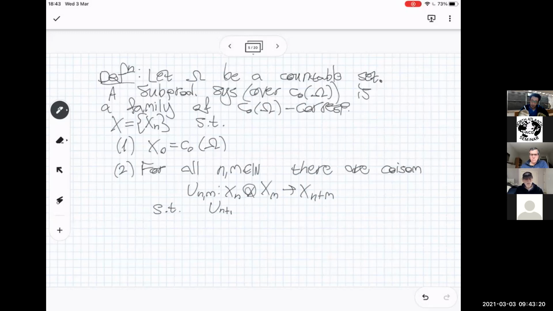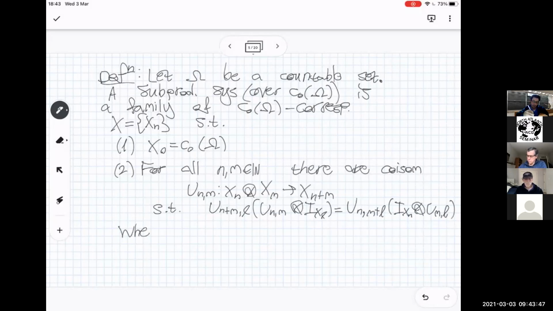So this is U n+m,l of U n,m tensor I X l is equal to U n,m+l of I Xn tensor U m,l. Okay, and so I want to immediately say that when omega is just a single point, these are all Hilbert spaces.